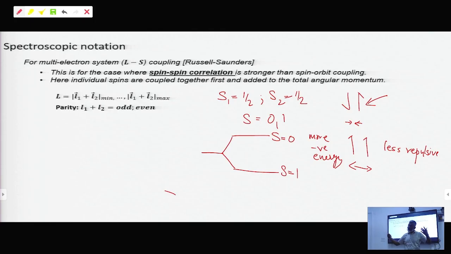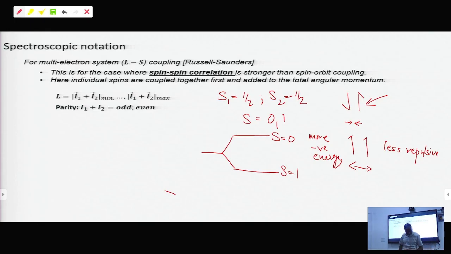So you have the maximum momentum, which means less repulsive and more negative energy. So higher the L number, the lower the energy is. That is the orbital angular momentum.